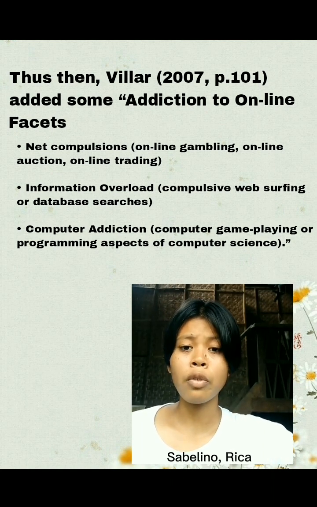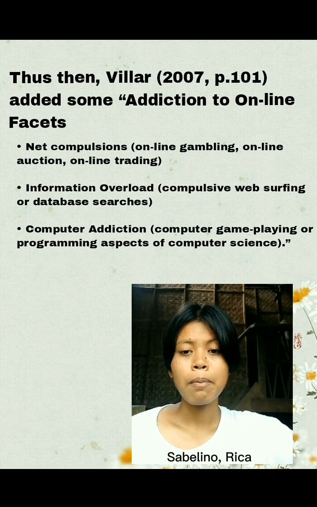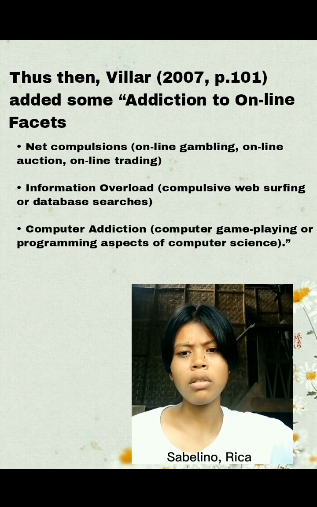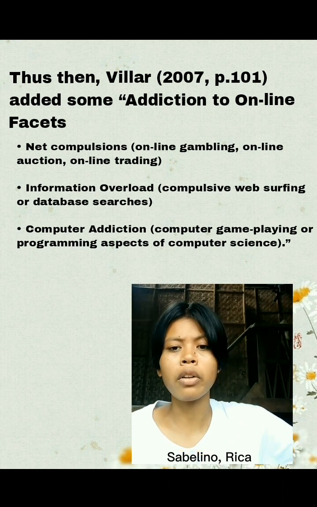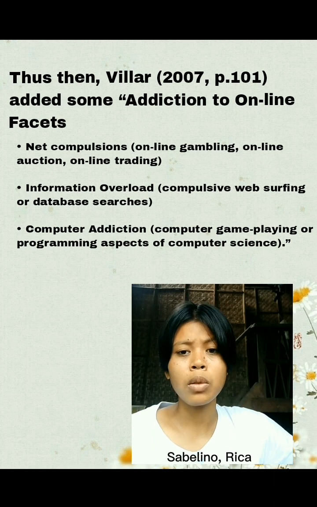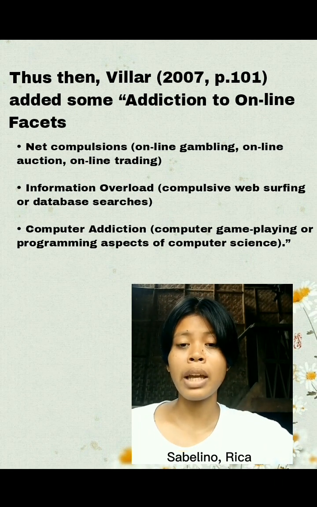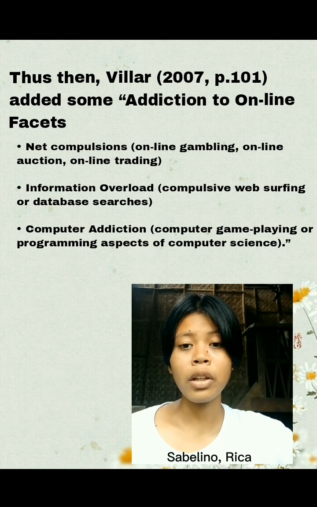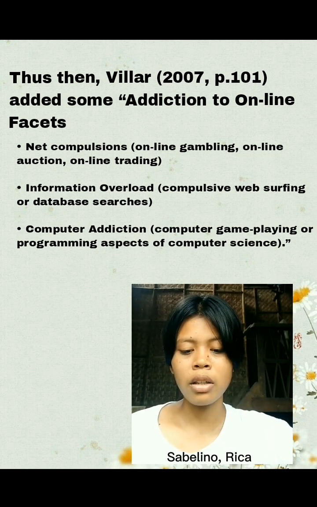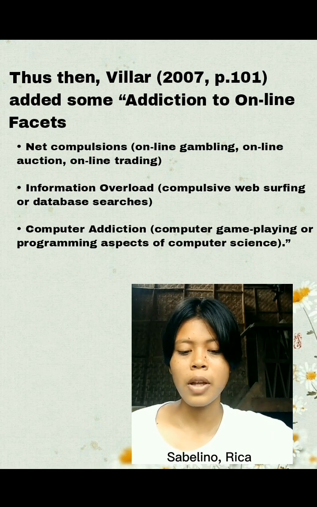Information overload means there is a lot of information that is not reliable or not related to the topic. Computer addiction, computer game playing or programming aspects of computer sciences. Especially teenagers are addicted to using computers.